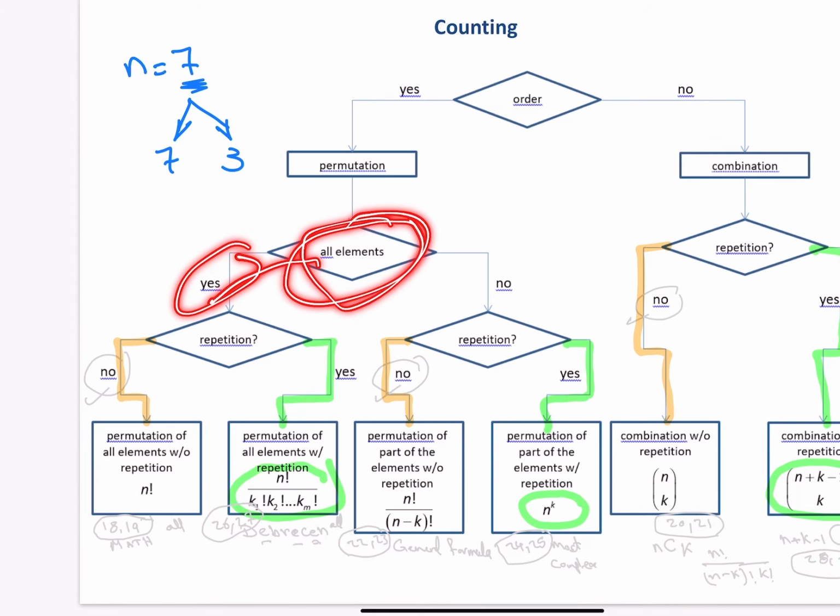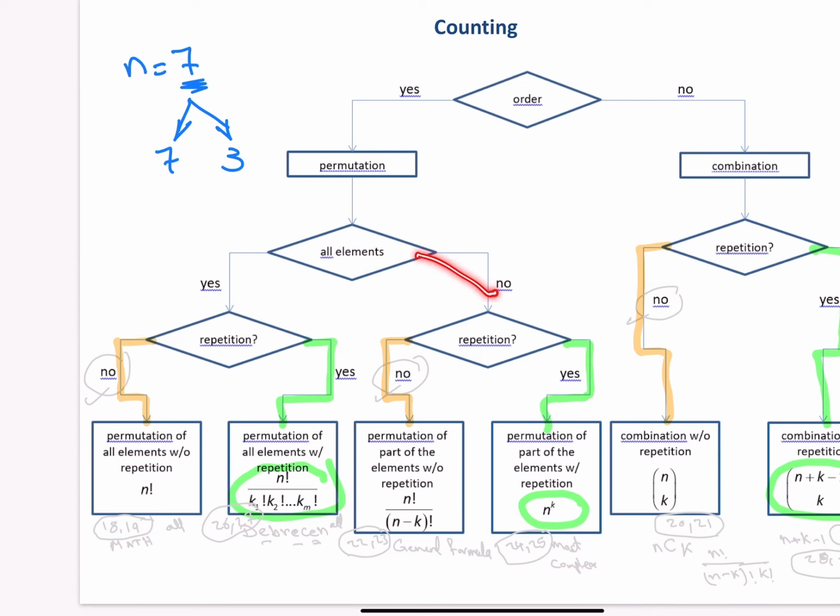If I will not use all of them, then I will have k. In Debrecen University they call it K, in some other universities they call it R. So R or K doesn't matter, I'll use K here. If I'm using all the elements, n equals k.